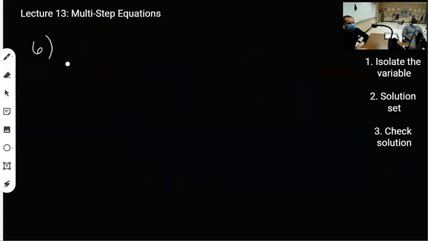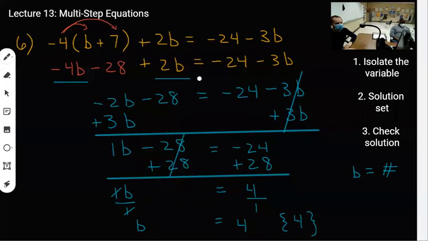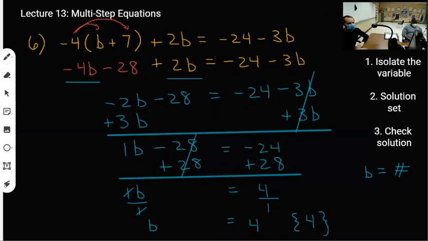Okay, we're doing number 6. We're going to do the original. Negative 4 times b plus 7 plus 2b is equal to negative 24 minus 3b. On the last slide, we figured out that b was 4.